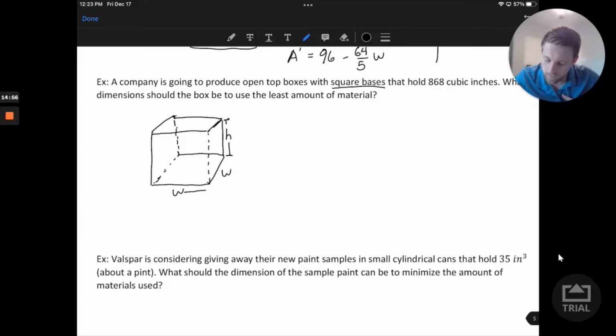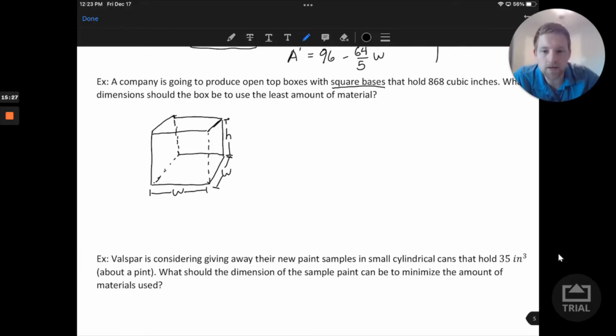Again, the width in the front and the width in the side here are going to be the same. So we have a square base, and again, the height could be whatever height it wants to be. So there's the picture that goes along with the open top box. And again, that would be maybe a cardboard box that doesn't have a top. But we do have really the four walls and the base to consider.